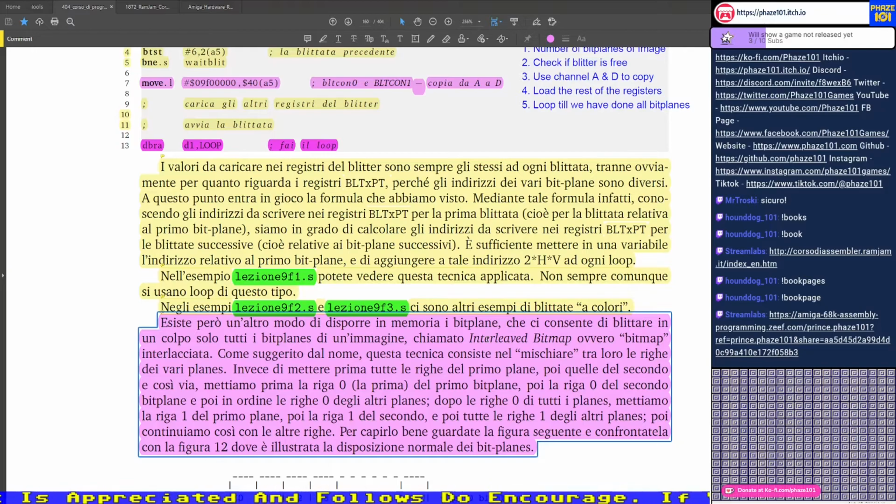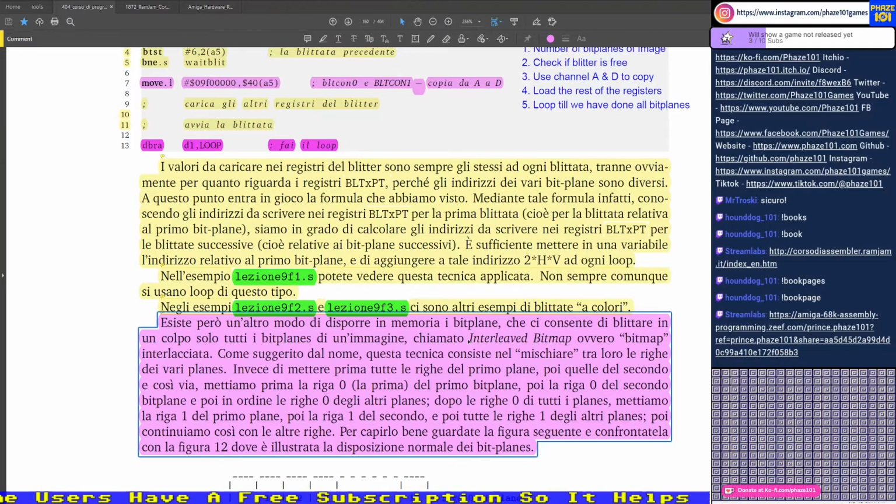So the magic is, and I can tell you now, we can do this with just 1 blit.